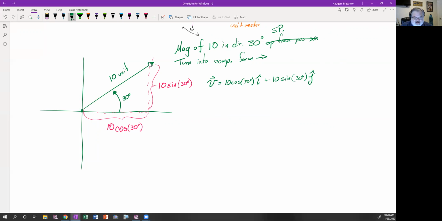If we needed to stay exact and it wasn't something nice like 30, we could just leave it, like if it's 10 cosine 35 degrees, that's an exact value. But we know what the cosine of 30 degrees is, so we might as well turn that into 10 times the square root of 3 over 2 in the i and 10 times 1/2 in the j, or 5 square root of 3 in the i plus 5 in the j.